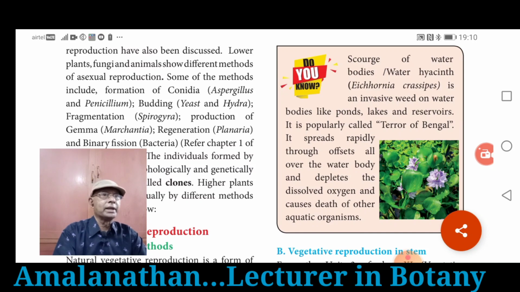For example, in the rhizome of ginger, several axillary buds are produced, each growing into a new plant. So that part is the perennating part. The process is called perennation.